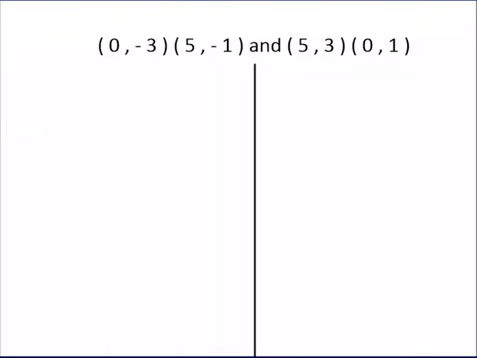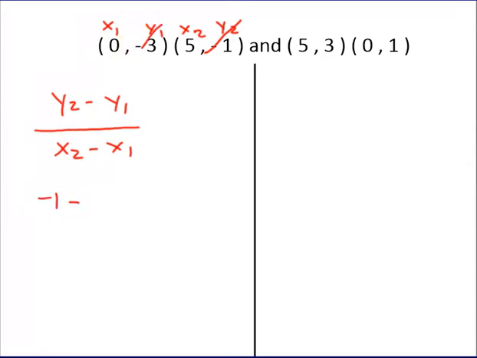All right, let's take a look at another one. y2 minus y1 over x2 minus x1. So here we have x1 and x2, y1 and y2. So we're going to have -1 minus -3 over 5 minus 0.